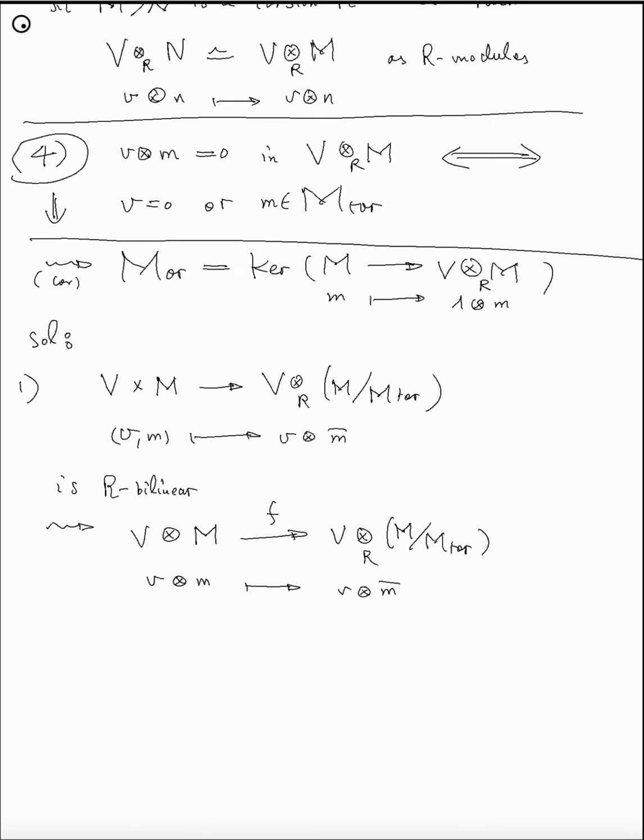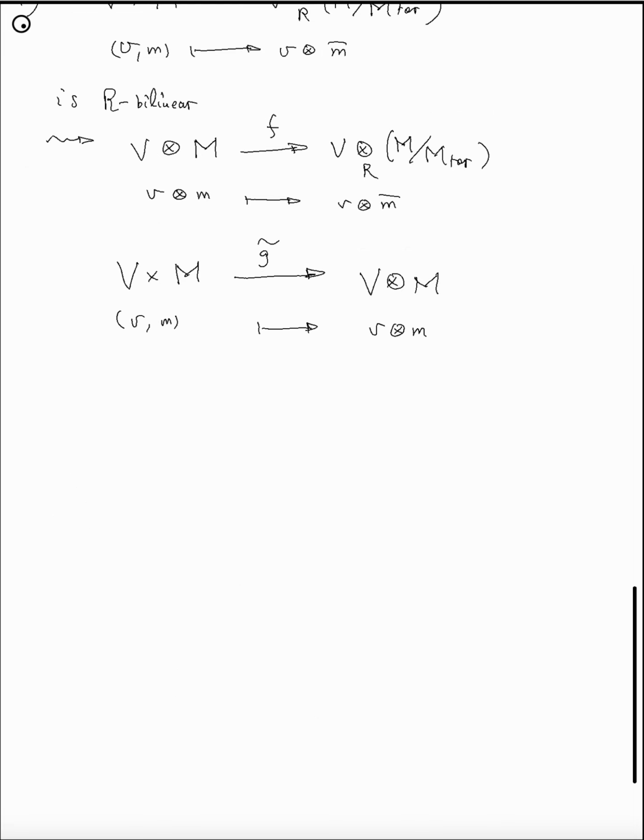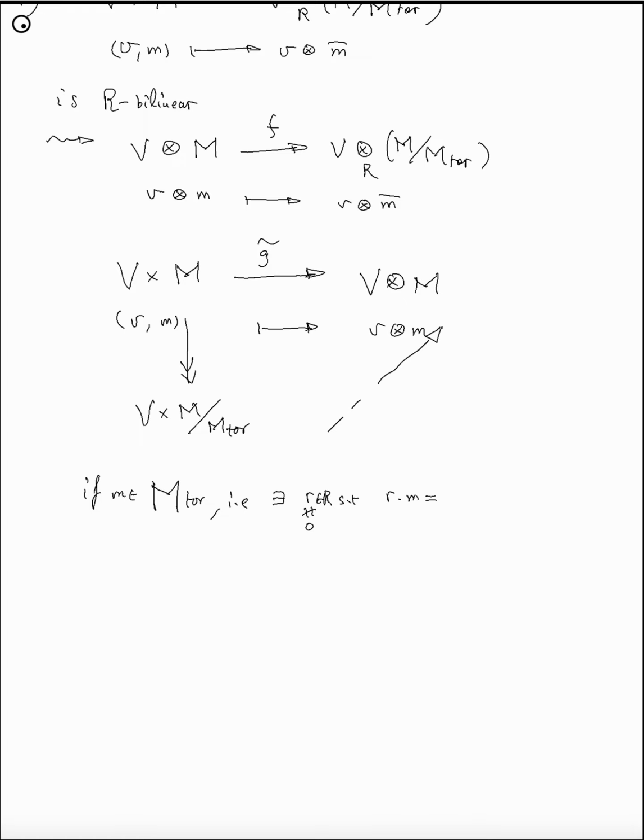Let's construct the inverse of it. Let's start with V product M, and map it to V tensor M. Then notice that it factors through M quotient by M tor, because if small m is in M tor, by definition there exists some non-zero r, let's say non-zero, otherwise any element is killed, such that rm equals 0.